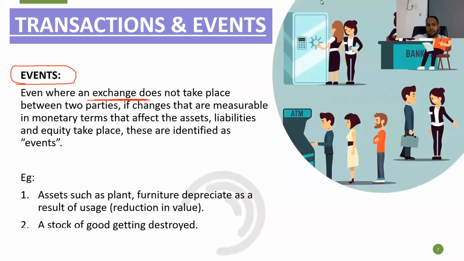For example, due to a fire, all our stocks are getting destroyed. So it is an event. There are no two parties involved, and there is no exchange. But we have to record this.